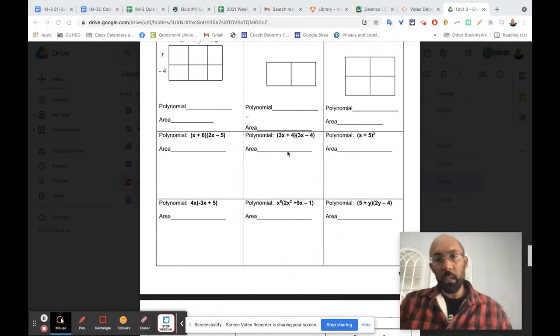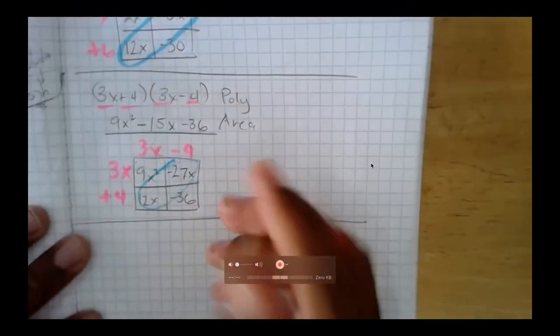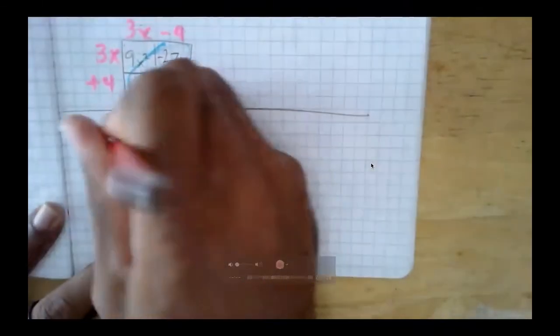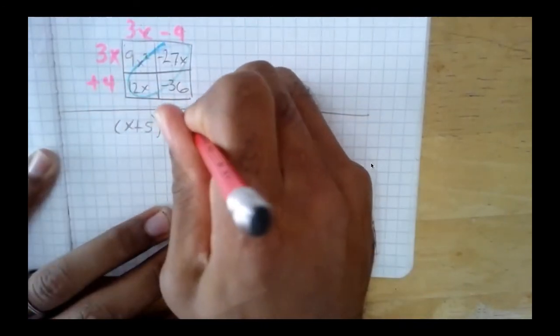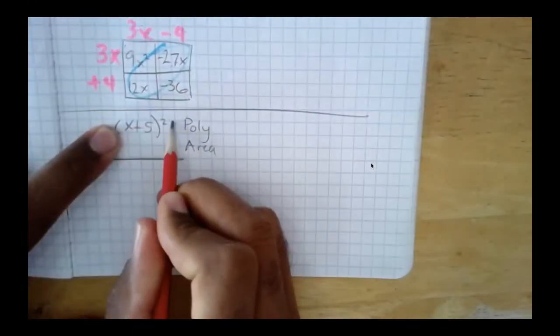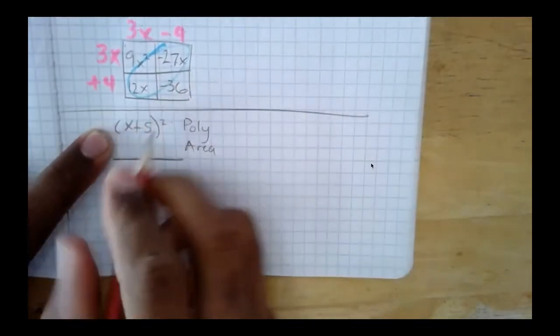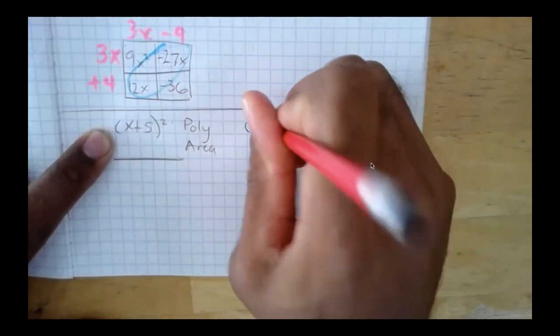All right, so now this one here, x plus 5 squared. All right. So we got x plus 5 squared. Okay, so here's something unique about this one. When you see squared, all that means is that whatever you see here is repeated twice. That's what squared means.